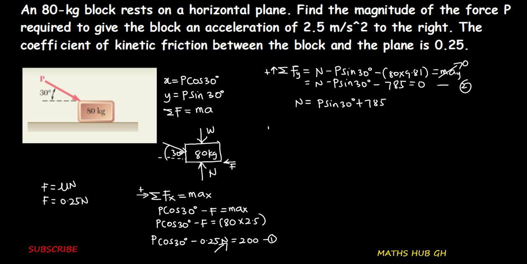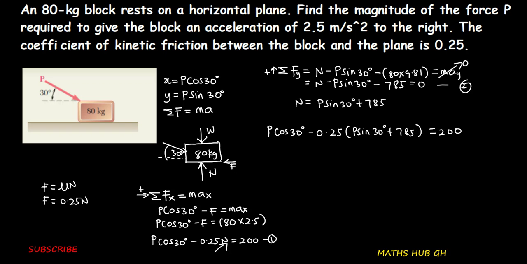So you're going to have P cosine of 30 degrees minus 0.25 multiplying P sine 30 degrees plus 785, and this should be equal to 200.